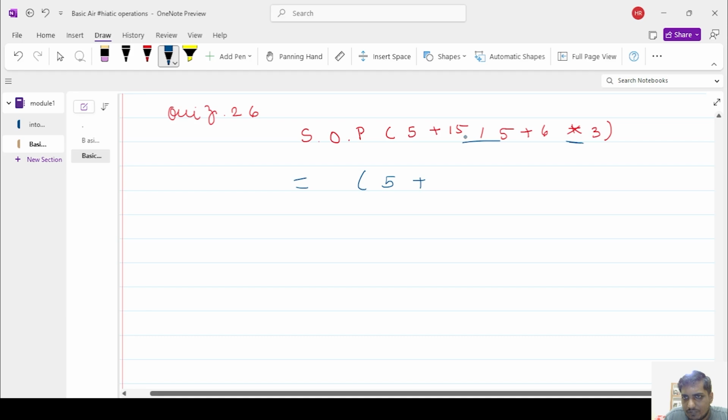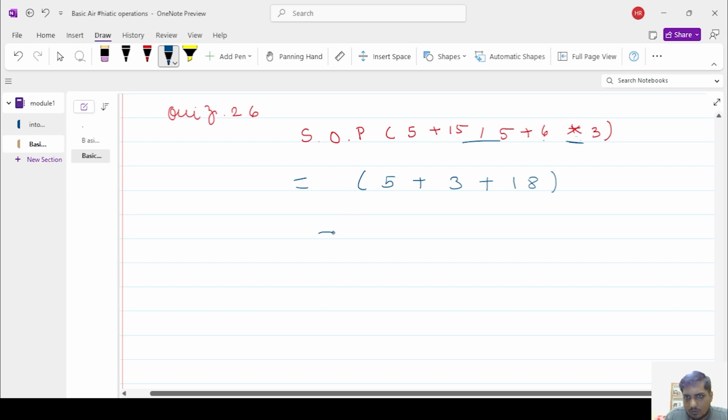We will divide this number, that is 3, plus 6 as it is. We see 6 multiply by 3, multiplication, second priority. From left to right. So right here the multiplication gives 18.